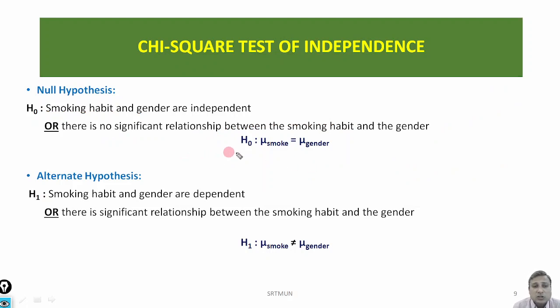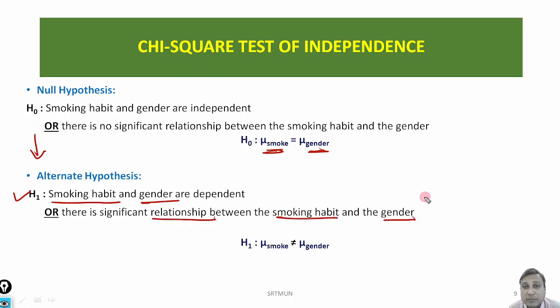Now we are saying in the null hypothesis that smoking habit and gender are independent. As far as the alternate hypothesis is concerned, it is exactly opposite to the null hypothesis: smoking habit and gender are dependent, or in other words, there is a significant relationship between smoking habit and gender. What does that mean? It means a particular gender has a particular kind of response.